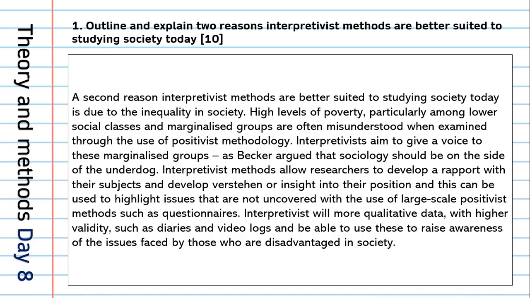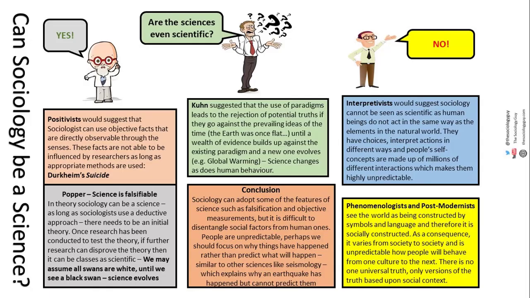Now, I did mention before about the Sociology of Science debate. There is this kind of one sheet summary that I've put in here. Can sociology be a science? Yes. And on this one side I've got positivism and the idea that Popper put forward that science is falsifiable. Then on the right hand side we've got no, sociology shouldn't be a science, and we've got interpretivists, phenomenologists, postmodernists. And then in the middle we've got, is science even scientific?